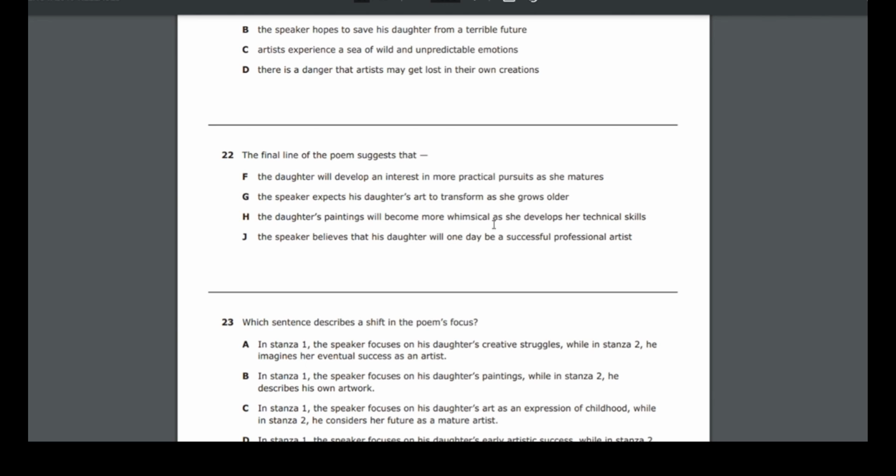And when we go from green to blue to brown, that's not more fantasy. And then, is he saying that she's going to be a professional? No, he's just saying she's going to lose that childlike look on the world and end up painting more as an adult. And so then that would be G.